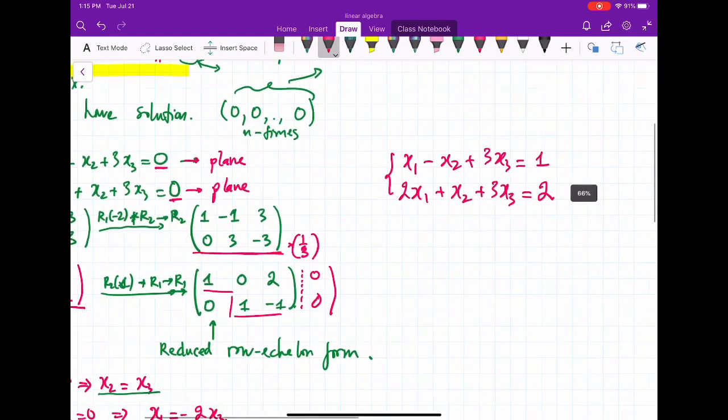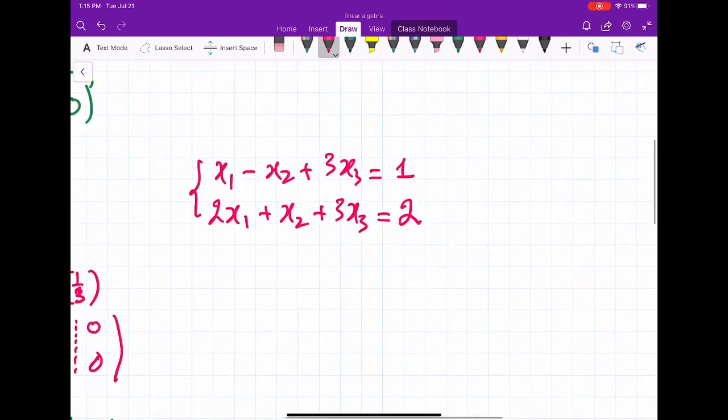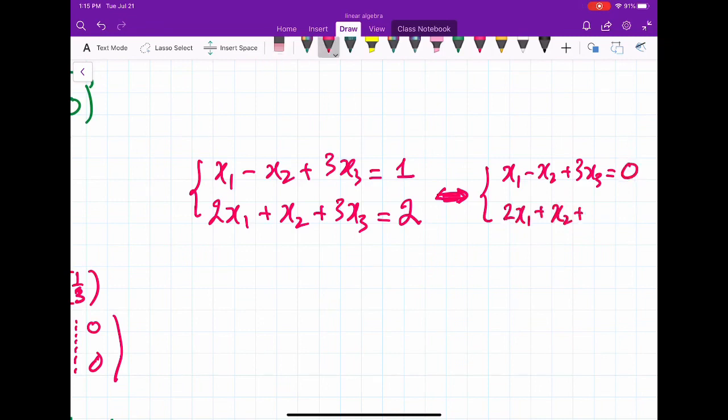Okay. Of course, from here you have the corresponding homogeneous system: x1 minus x2 plus 3x3 equal to 0, and 2x1 plus x2 plus 3x3 equal to 0.